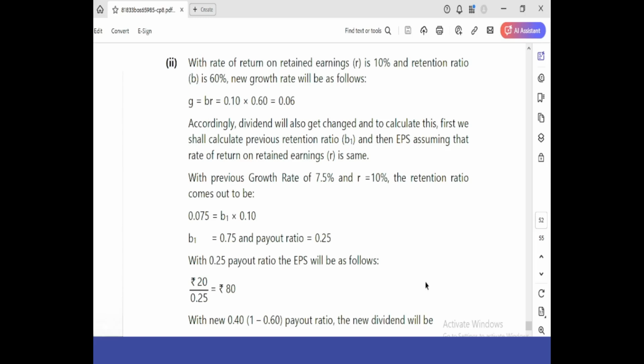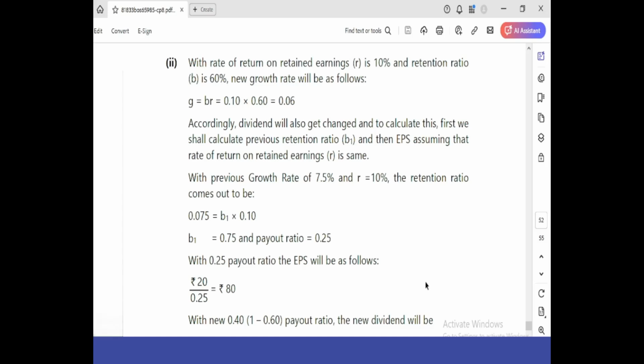So in this case, what is the retention ratio? It is 60%, or you can say 0.6. That into what is the return? 10%. If I do 0.6 into 0.1, you get 0.06, or 6% is the growth rate.